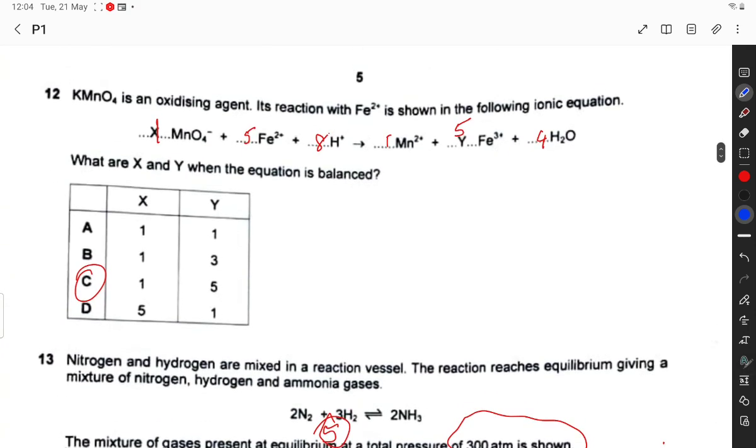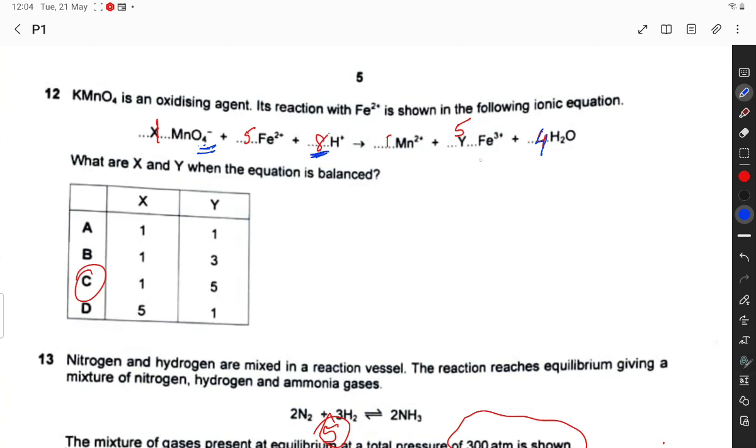Question number 12. KMnO4 is an oxidizing agent. Its reaction with Fe2 plus is shown in the following ionic equation. What are X, Y when the equation is balanced? We know that over here MnO4 has oxygen, so first balance the oxygen atoms. Because over here oxygen is 4, place 4 over here, and when 4 over here, place 8 over here. 4 to the 8, so hydrogen ion is balanced with 8 moles.